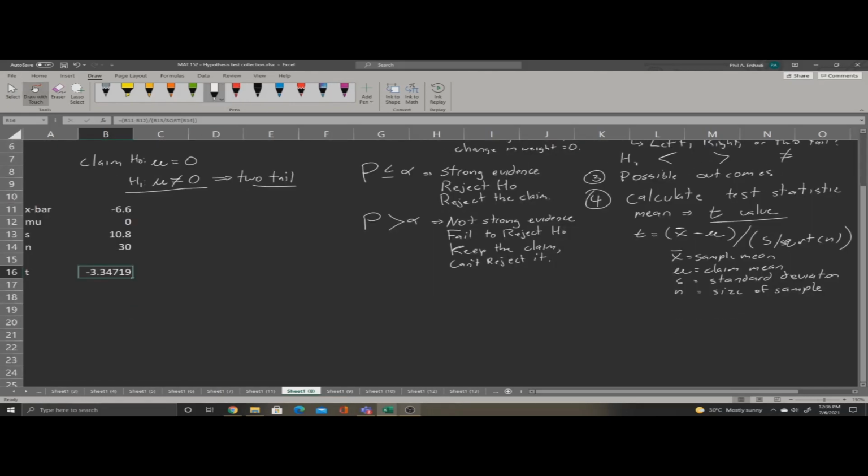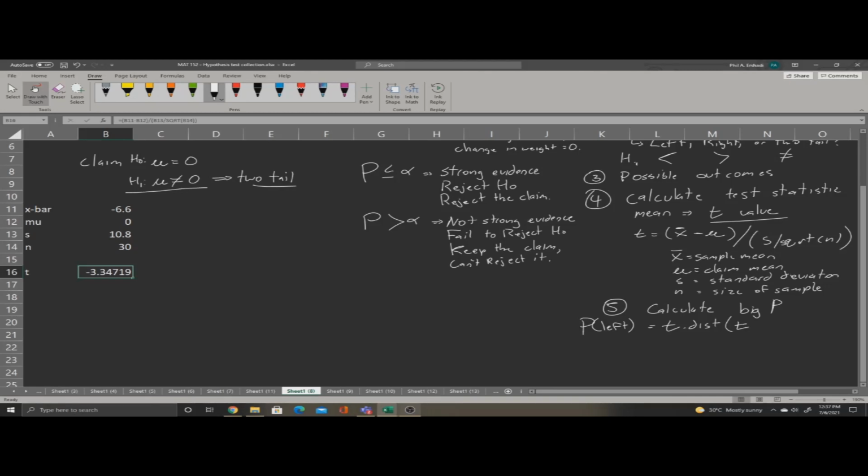Our fifth step is calculating the big P. And once again, the formulas we use when we do calculations for means will be different from what we're used to for population proportions. To calculate the big P on the left tail, we would take T.DIST, then parentheses.